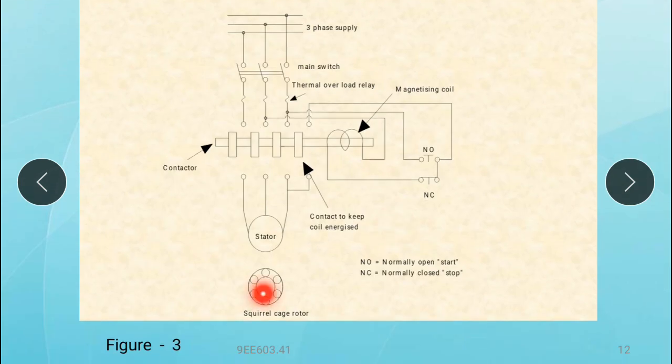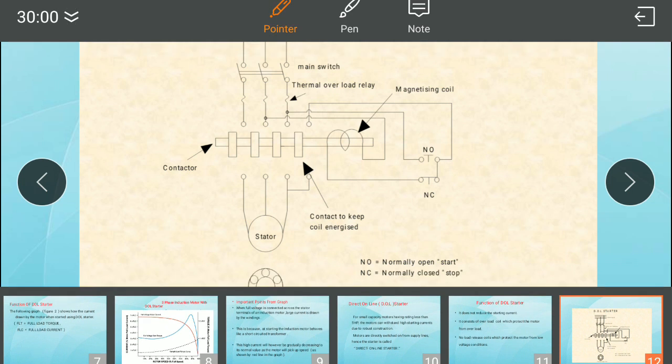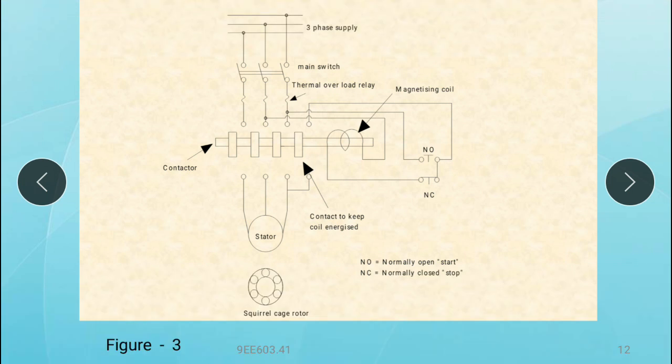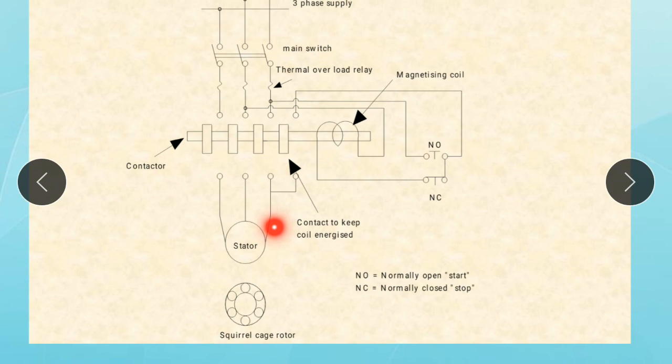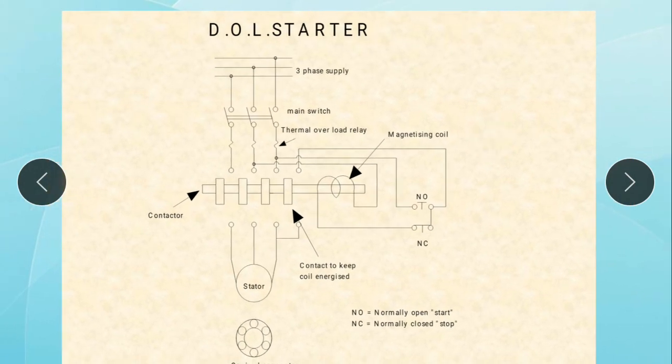Here this is the squirrel cage rotor and this one is the stator. This one is the contact to keep the coil energized. Here NO is normally open start, NC is normally closed stop. This is the diagram for DOL starter.